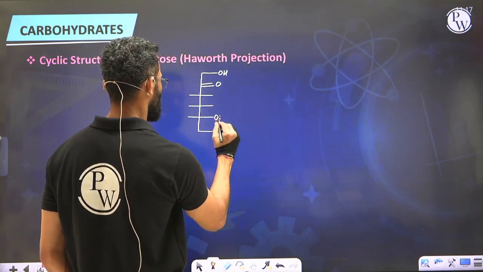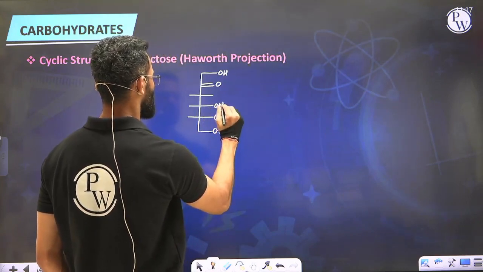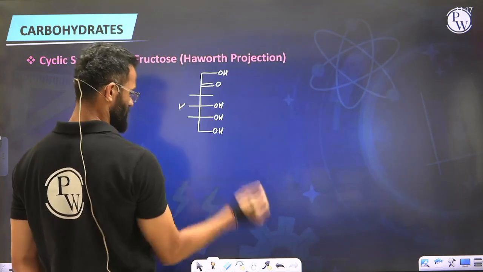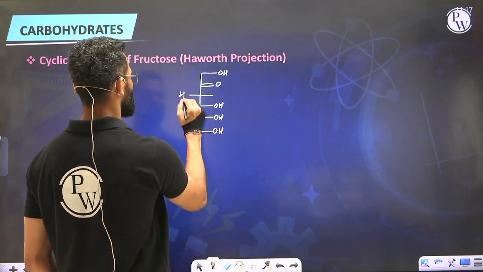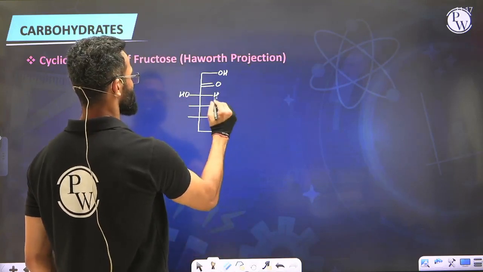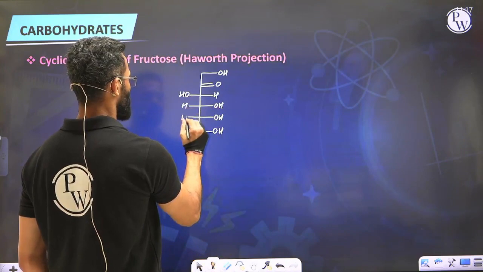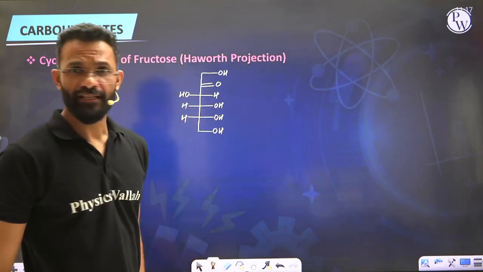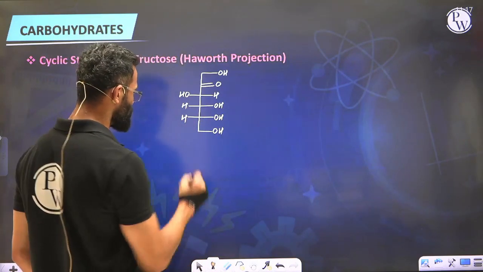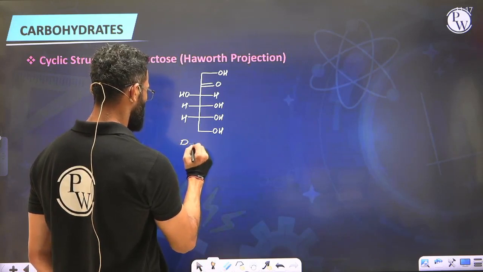Right, right, and left, and left. Remaining valencies we satisfy by H. So this is nothing but D-fructose.